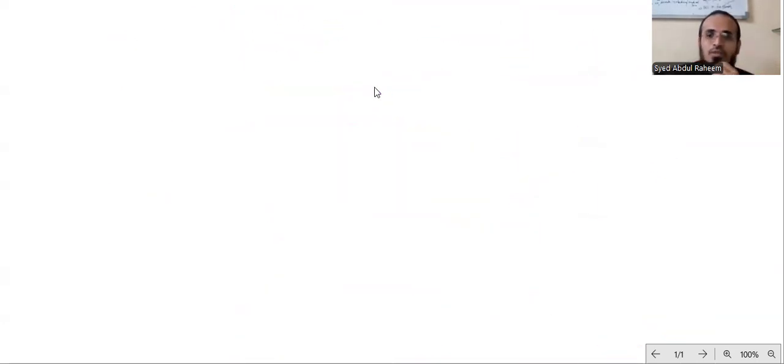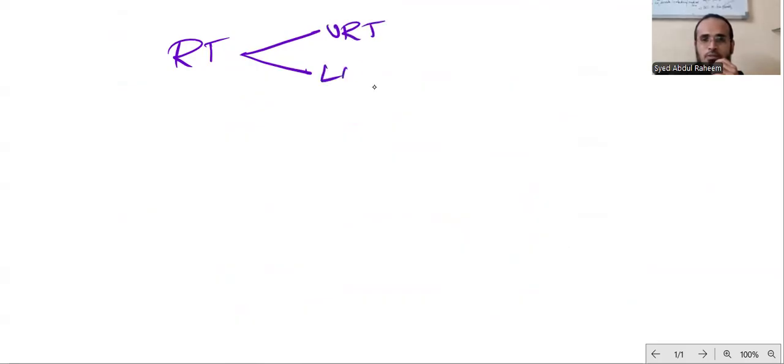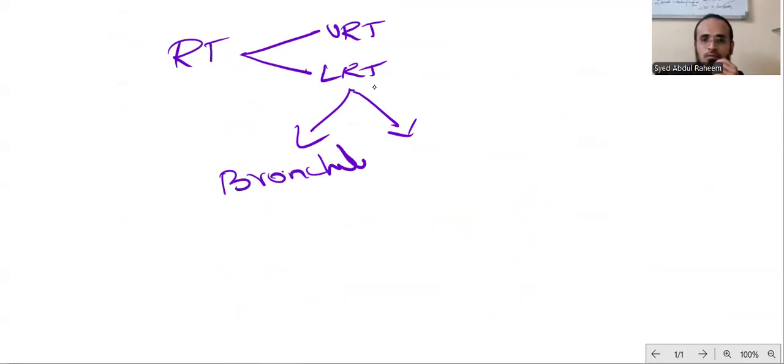In the chest, we have respiratory tract. So we discussed that is upper respiratory tract, lower respiratory tract. In the lower respiratory tract, most common diseases like bronchitis and pneumonia.